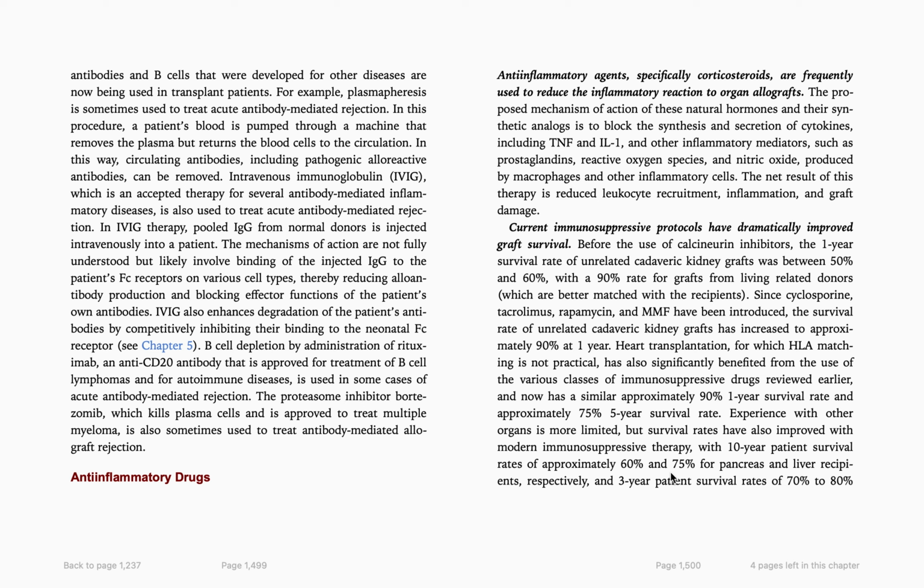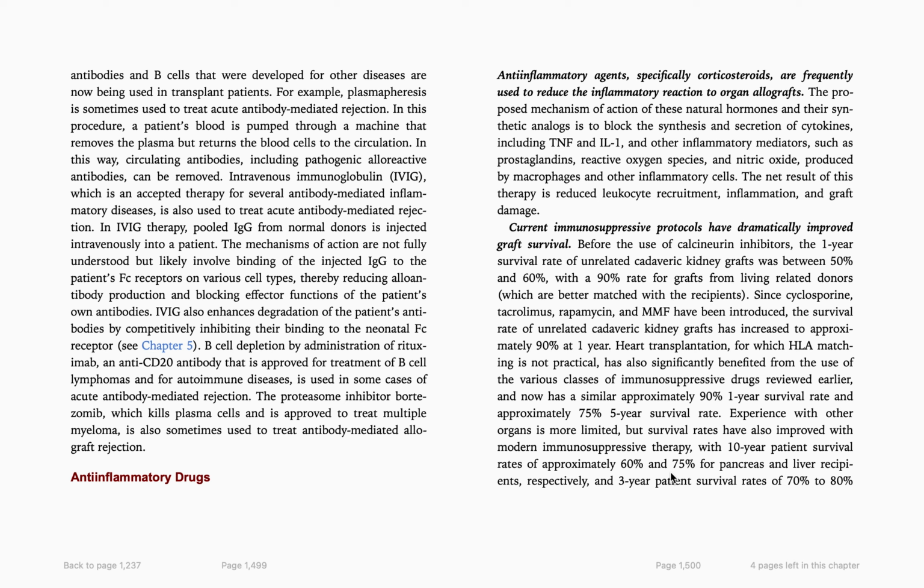Intravenous immunoglobulin, IVIG, which is an accepted therapy for several antibody-mediated inflammatory diseases, is also used to treat acute antibody-mediated rejection. In IVIG therapy, pooled IgG from normal donors is injected intravenously into patients.